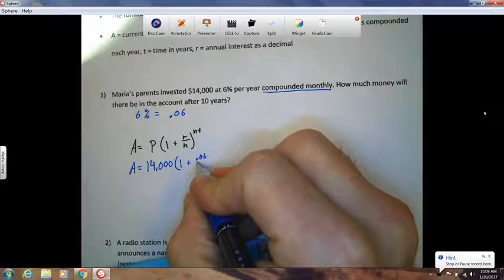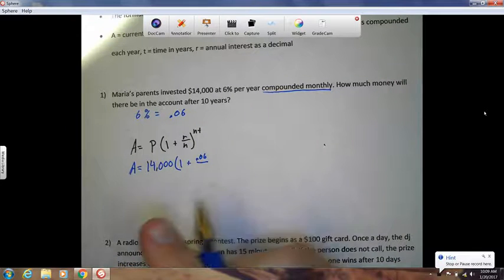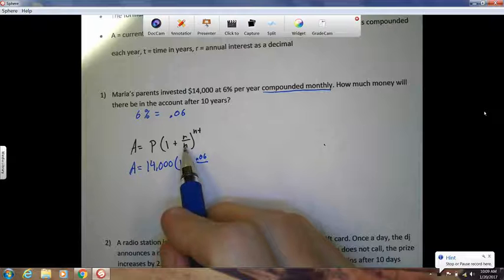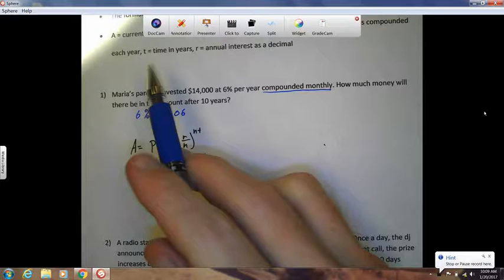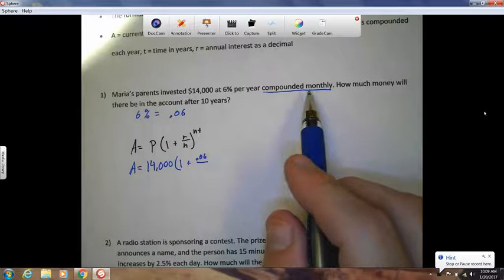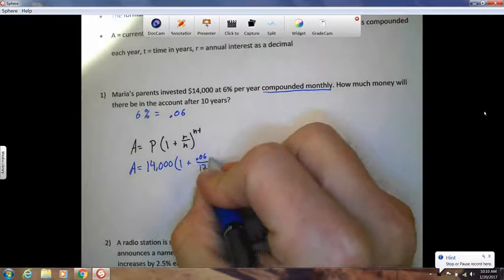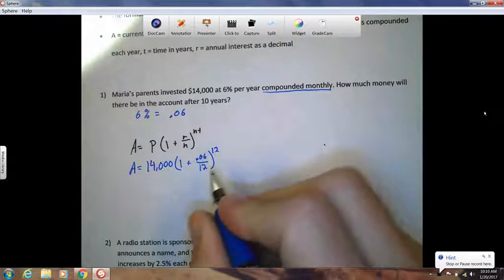So I have 0.06, and then in number of times each year, so it's compounded monthly, so that means it's compounded 12 times a year. So N is 12, and then T is 10 years.